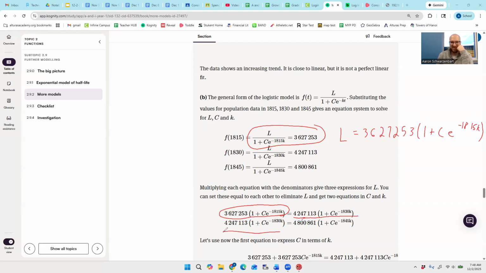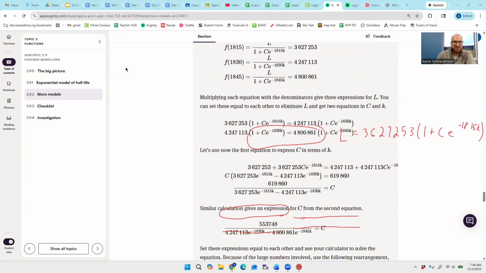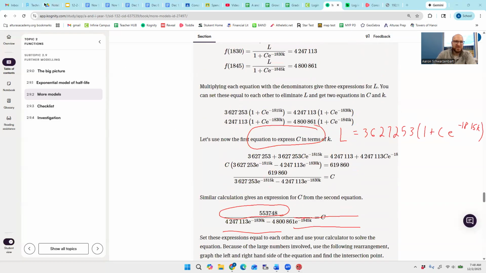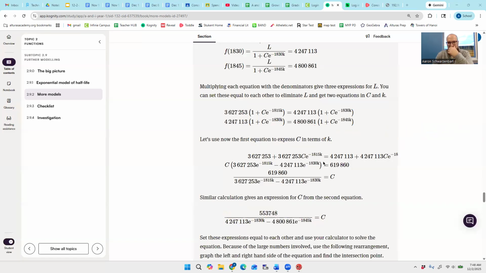You can set the L's equal to each other, and then you've got two equations with two unknowns. You can solve those by using a little bit of a screwy system of equations here, but here they've distributed, they put the C's together and factored them out.